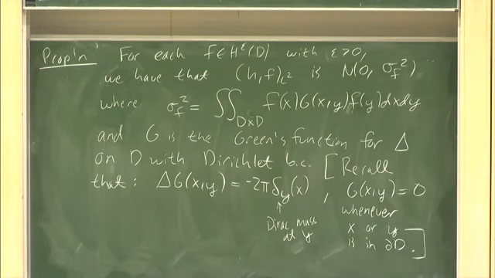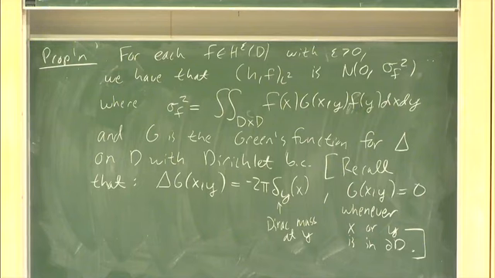And then the second part of the proposition gives you that if you have two functions, f and g, which are in H epsilon of D, then the covariance of the Gaussian free field integrated against f with the Gaussian free field integrated against g is just given by the integral of f and g against this Green's function.